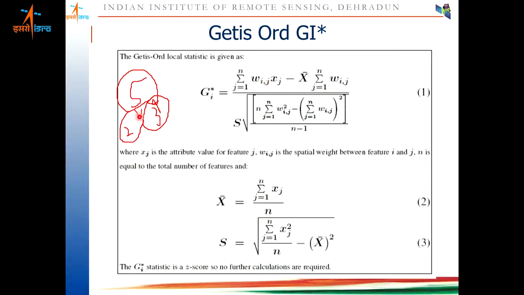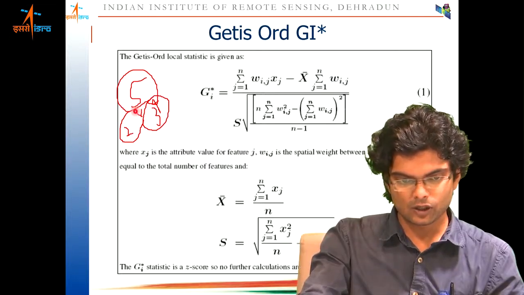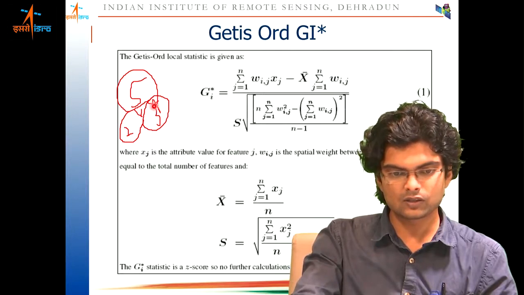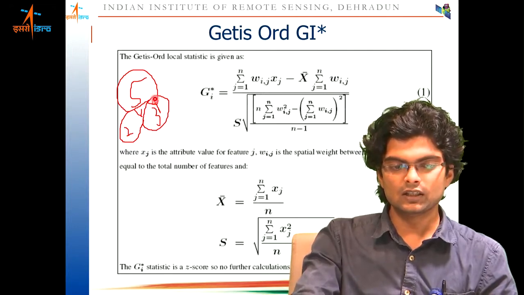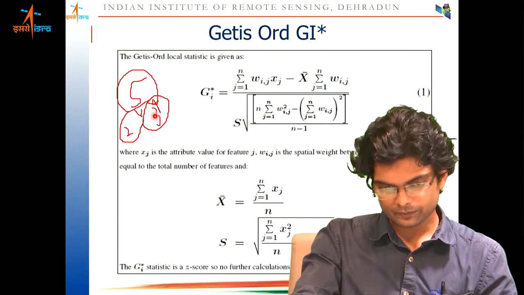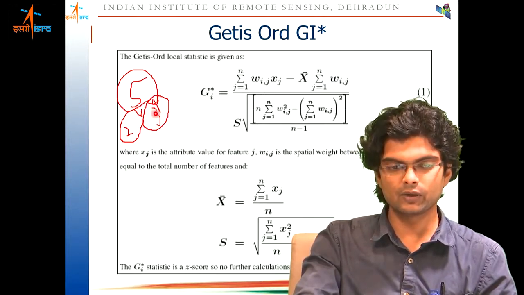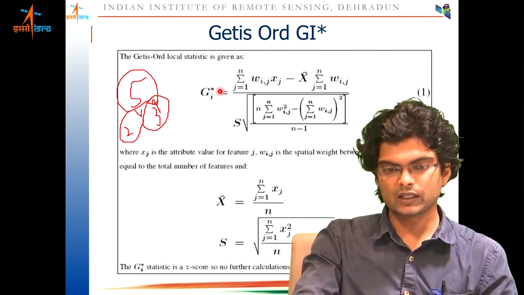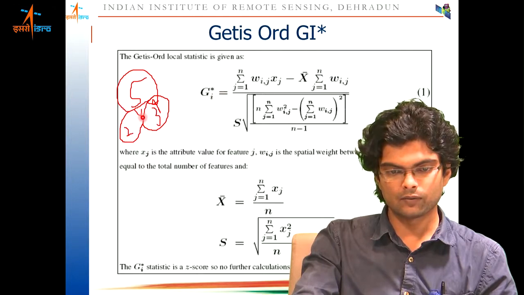W15, between polygon 1 and 5, will be assigned weight 1. And you see, this one is polygon 1, and this smaller one is polygon 4. This is not sharing the boundary, only corners are matching. So in this case W14 will become 0, and the weight between polygon 1 and 3 will again become 1. So this way Gi star will be calculated for polygon 1.